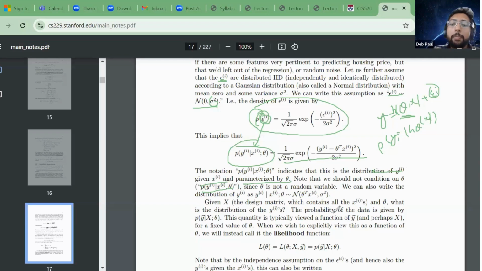So we do not condition on theta. These are very important things. If you condition on theta, then theta becomes a random variable, and we go back to the Bayesian approach. This is very fundamental. If you're not understanding the difference between theta being a random variable, I'd just say go and brush up some basics like conditional distributions.